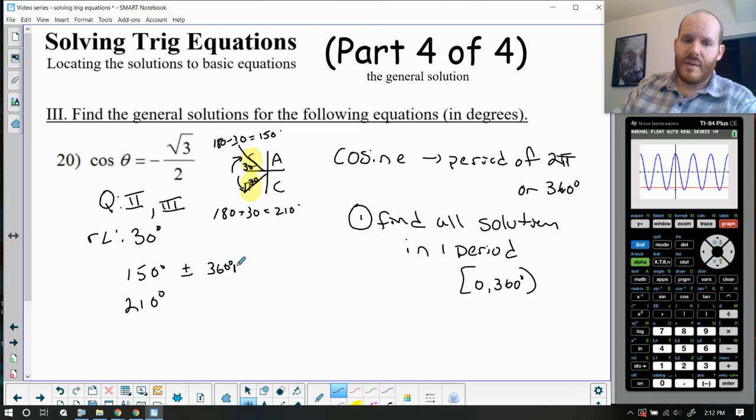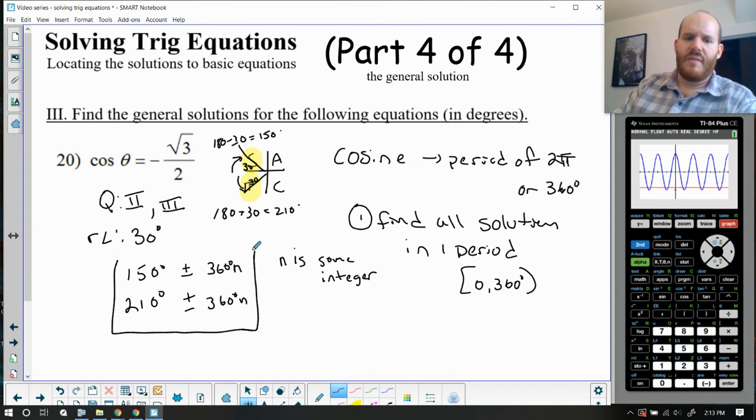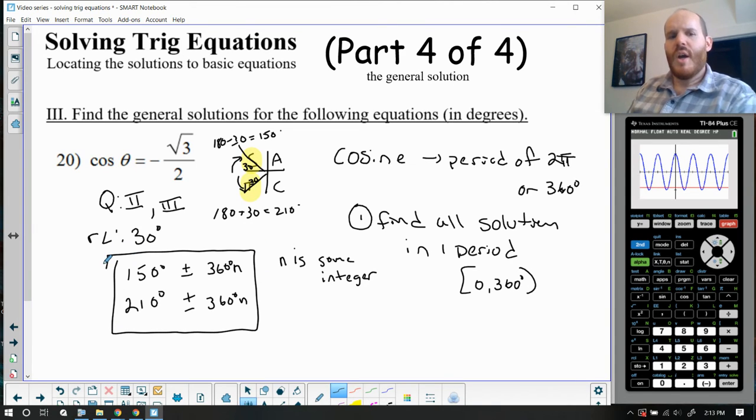So in reality, I can add or subtract any multiple of 360, where n is some integer. Similarly, from 210, I could add or subtract 360 degrees any multiple of times, n being some integer, and this set is the set of all possible answers to this trig equation.